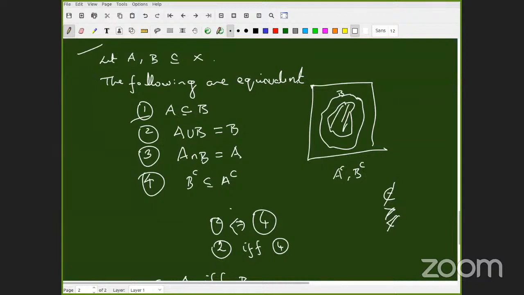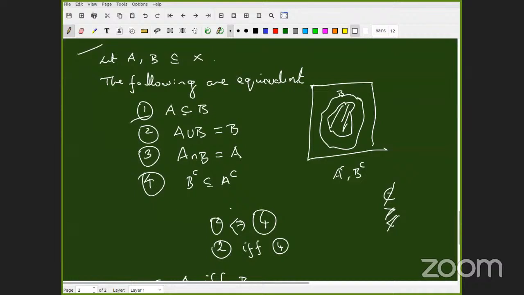Start from the beginning. Let X belongs to A. Very good. Therefore, X belongs to A intersection B. So X belongs to A and X belongs to B. Therefore, X belongs to B. That's what you want. That's what you are aiming. Can you go through without any stop again?